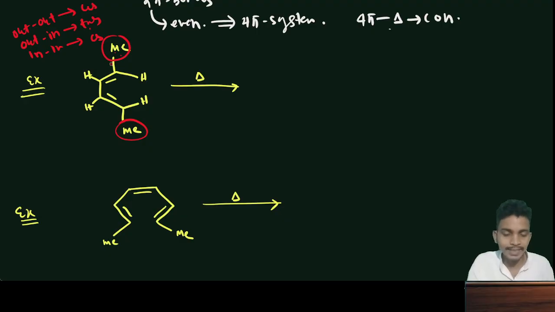Sometimes when we are making trans, we have to understand these bonds. So simply we can say that this is out. Just don't look at the hydrogen atoms, just look at the groups other than hydrogen atoms.